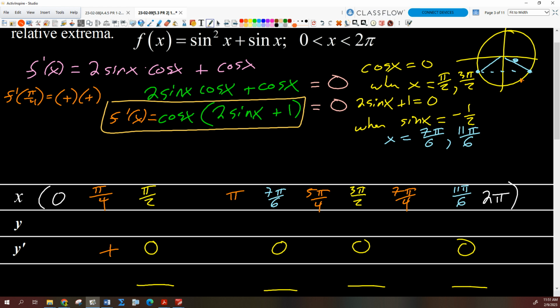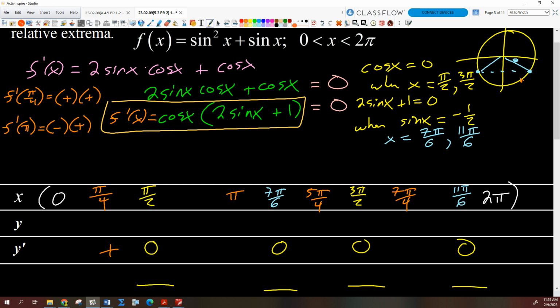Okay, how about pi? Cosine of pi is positive or negative? Negative. Sine of pi, what's the value of sine pi? 0. So 2 times 0 plus 1 is positive.